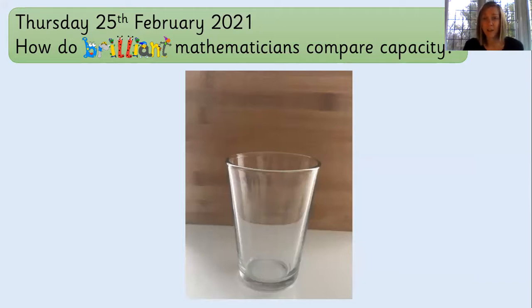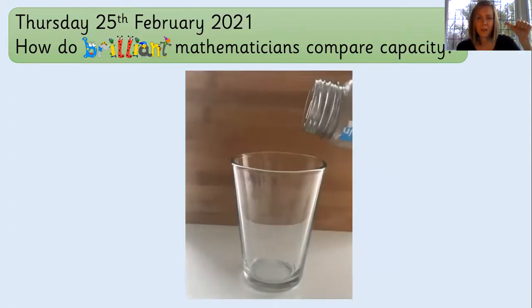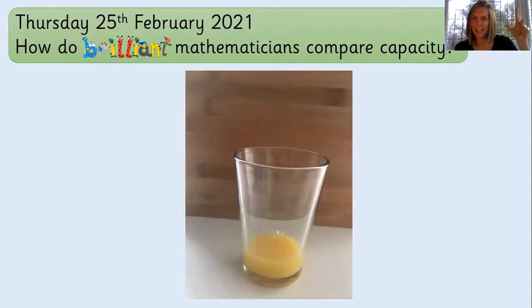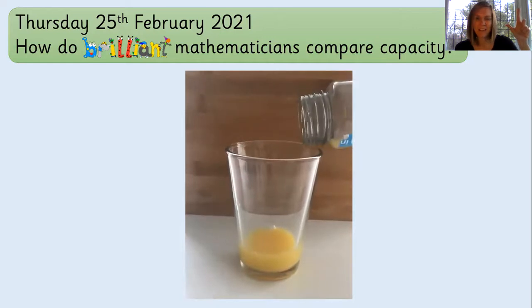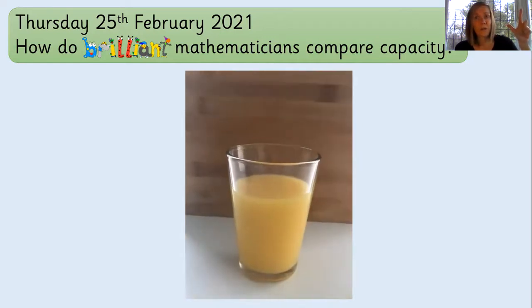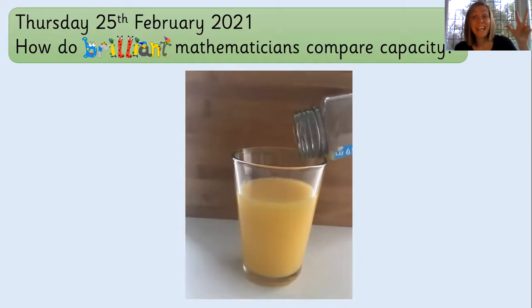Now let's have a little look. Can I remember the other words that I used yesterday? Empty was the first word. Oh look. Nearly empty, nearly empty. Then I'm going to put a bit more. Oh, not quite full. It's nearly full.